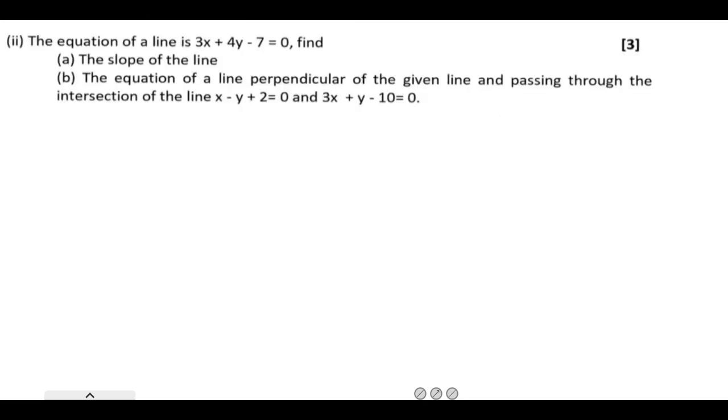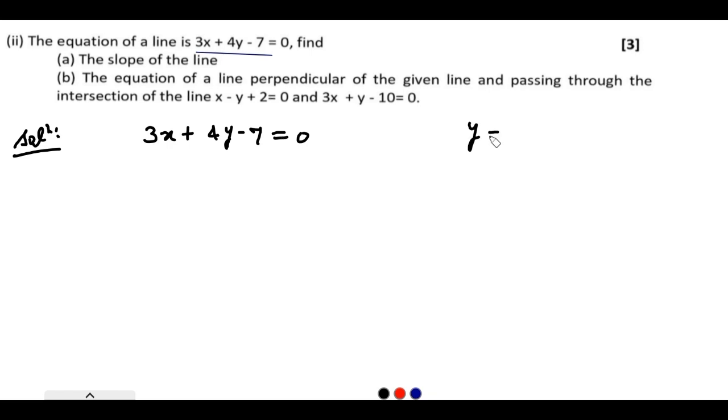Now next question. The equation of a line is 3x plus 4y minus 7 is equal to 0. Find the slope of the line. Equation of line is 3x plus 4y minus 7 is equal to 0. To find the slope, we are changing this equation in the form y is equal to mx plus c.